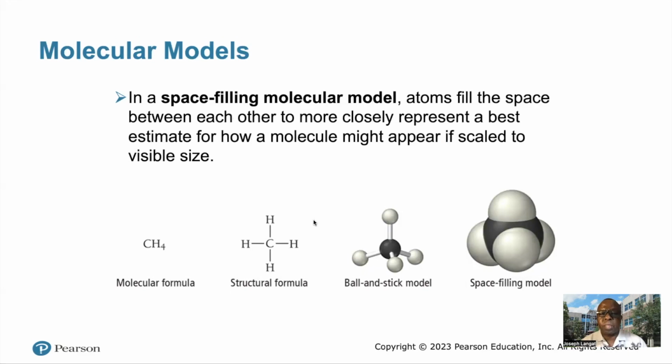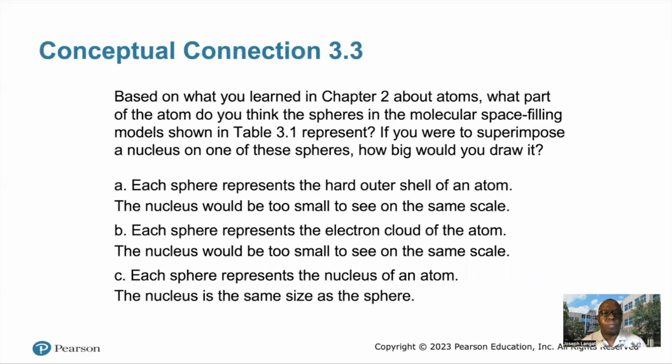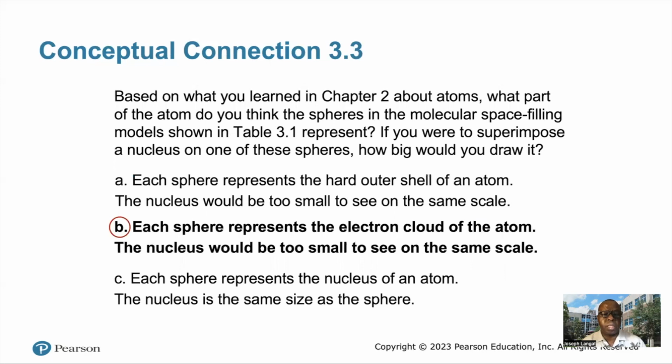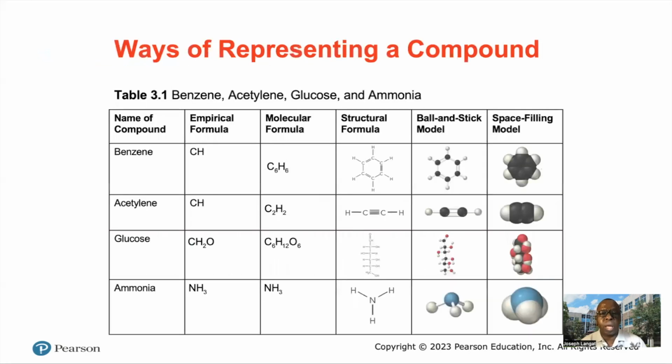Conceptual question, you can read this. This is about the ball and stick, and the correct answer is each sphere represents the electron cloud of an atom. The nucleus will be too small to see on the scale. Ways of representing compounds, please learn and understand the difference between empirical formula and molecular formula.